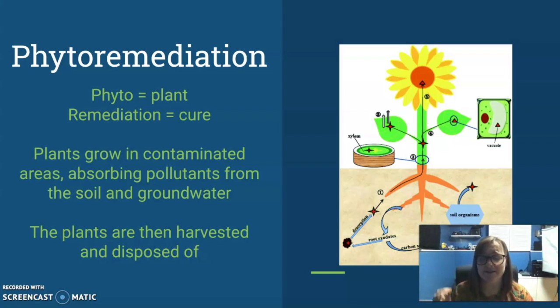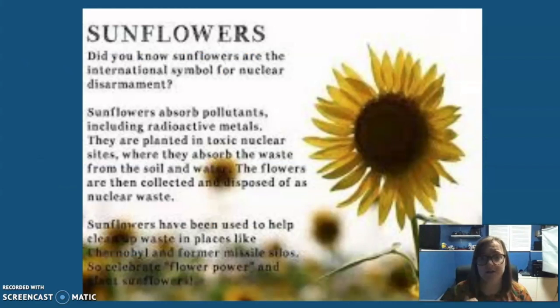Now, this has happened in some super cool ways. So, sunflowers are actually the international symbol for nuclear disarmament.